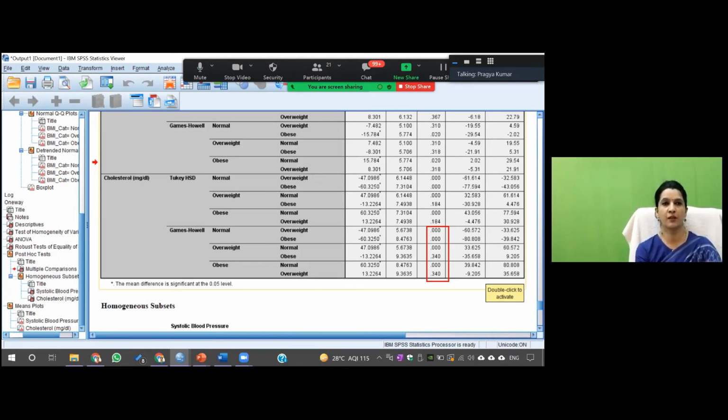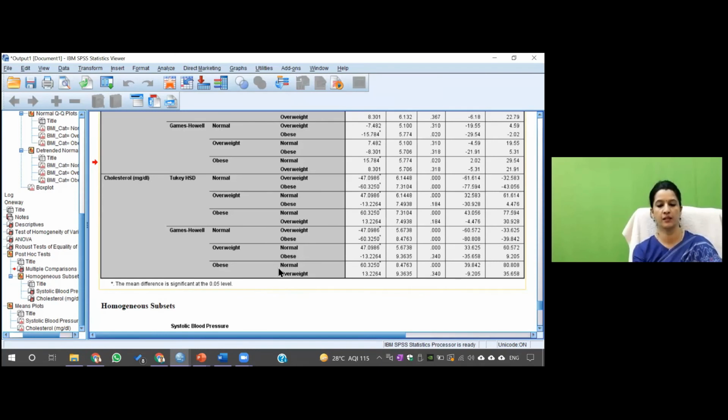It is between the normal. So if you focus on the first column, you can see it is between the normal and overweight, and normal and obese. You can ignore the minus sign, or you can take the lower one. So it's better that you start with the lower row, because here you will find the positive one.